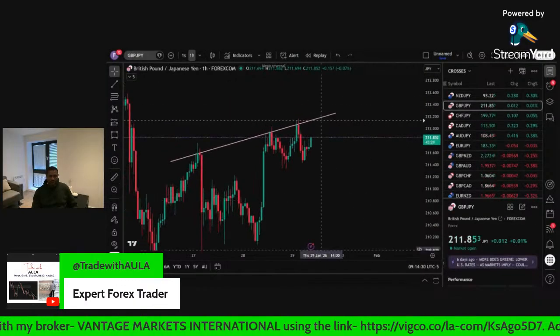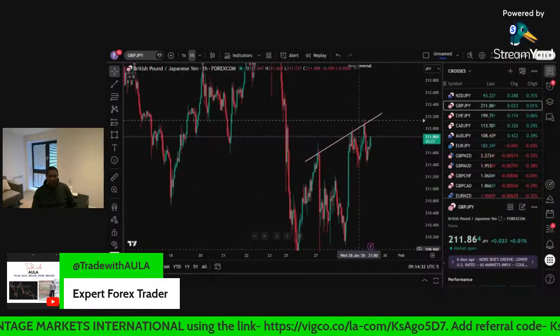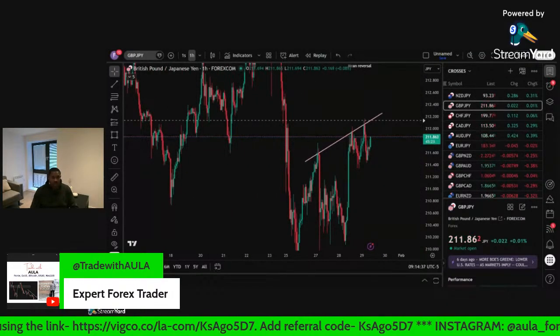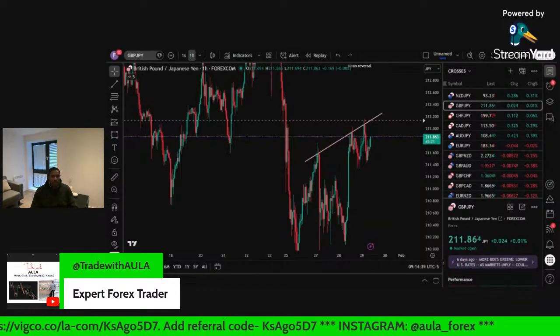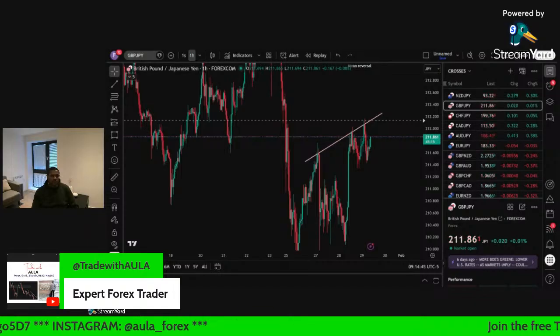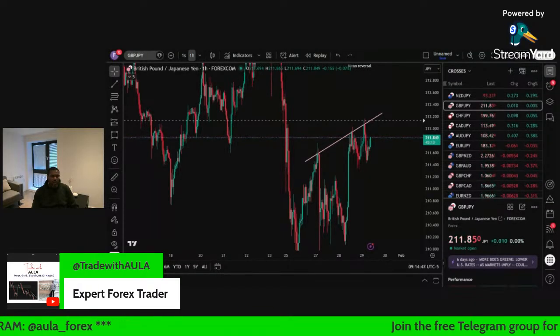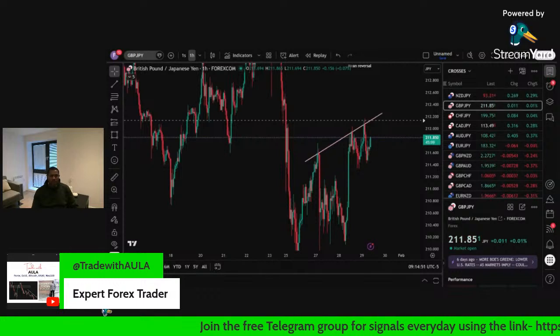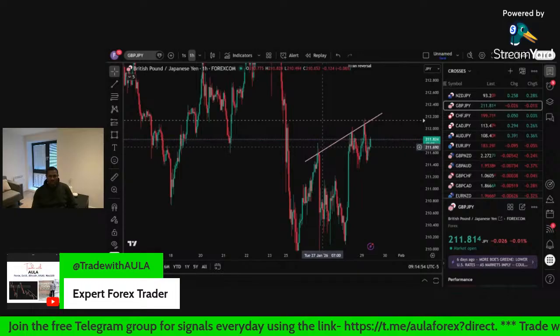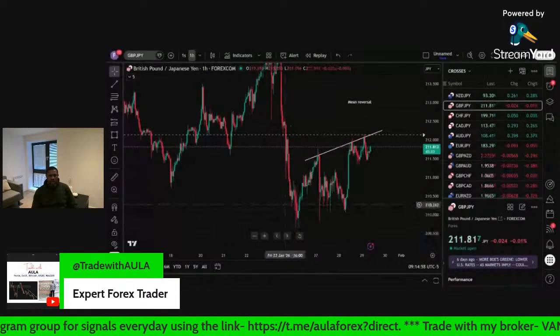GBP JPY, I've already annotated. Yes, so I'm looking for a 1 hour trend line break to the upside.